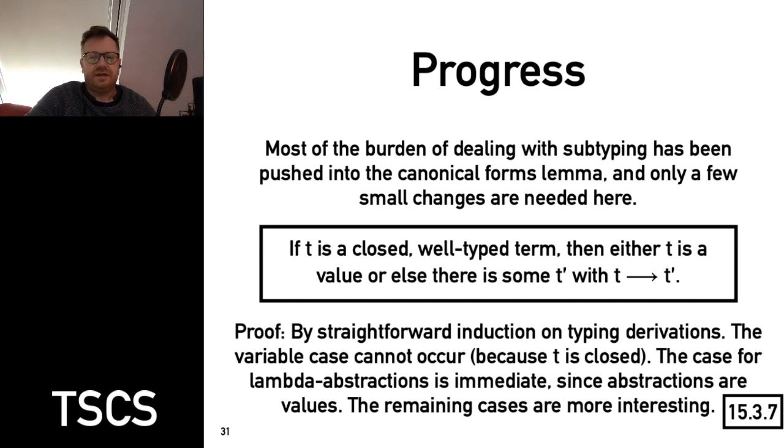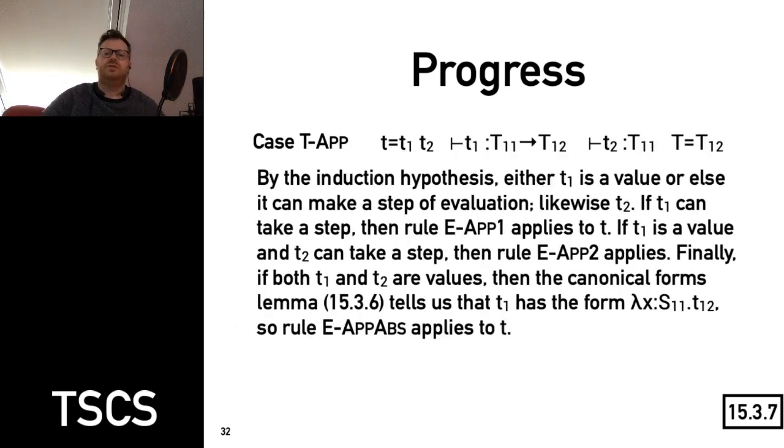In general, the variable case cannot occur because T is closed. We just established that. The case for lambda abstraction is immediate, since an abstraction is a value also. And let's look at the remaining cases here. The next is application, and the application case is one of the most interesting things here.